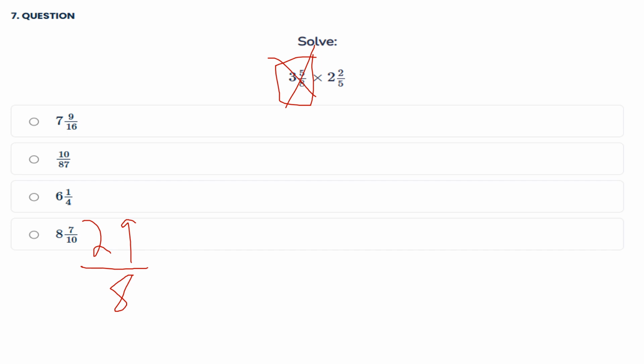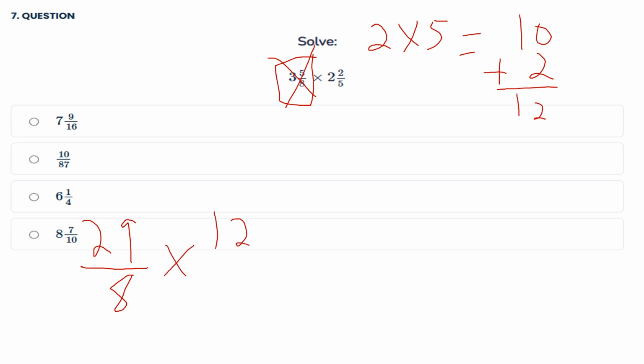Now we're going to move on to our second mixed number. So we're going to take that whole number, 2, times the denominator, which is 5. That gives us 10. Then we're going to add the numerator, which is 2. That gives us 12. So we have 12 over 5.